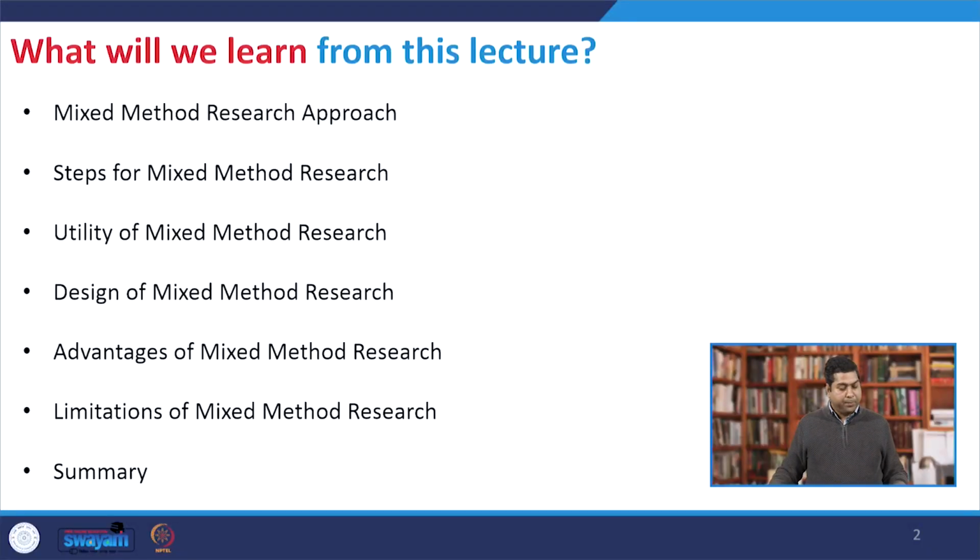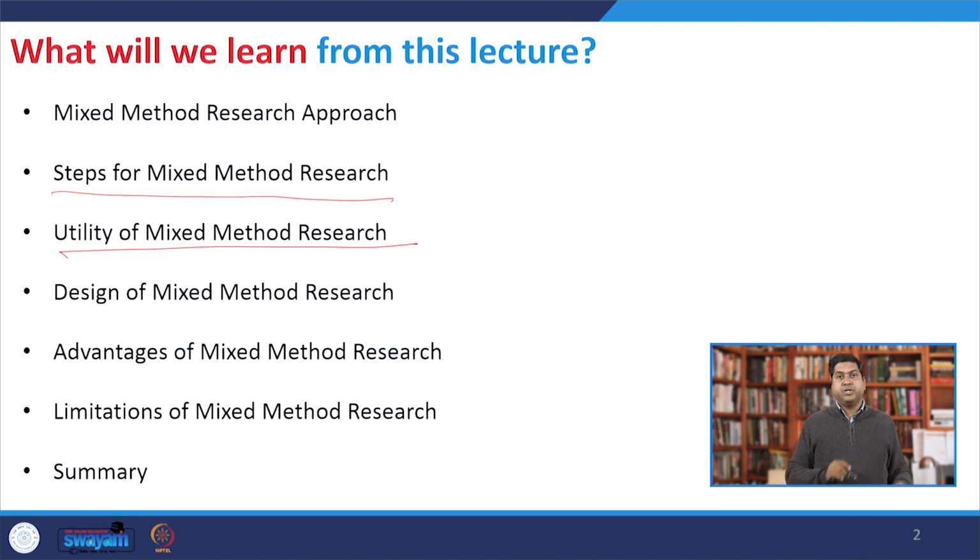Now in this particular lecture, we will be talking about mixed method research approach. We'll also discuss various steps for mixed method research. Then we'll discuss the utility of mixed method research. Why all of a sudden are we discussing mixed method, where we have defined qualitative and quantitative methods already?